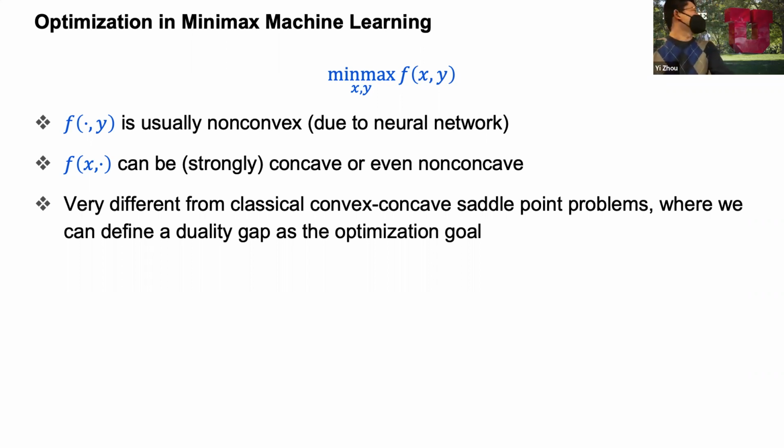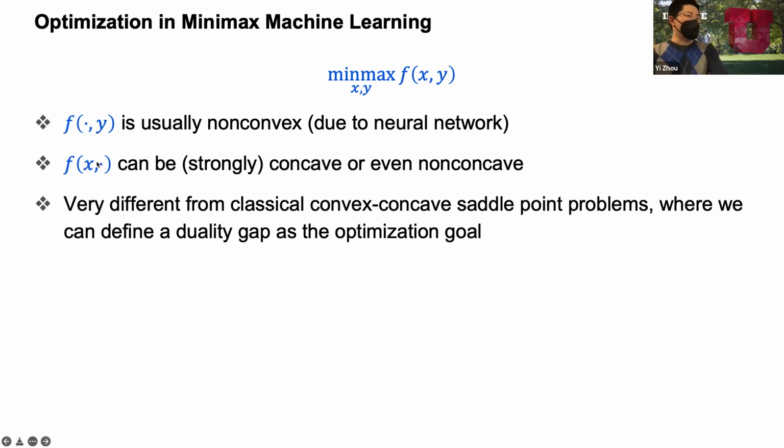And what is special here is that in the previous applications, usually because we use a lot of neural networks, part of the model is non-convex. For example, if you fix the other variable y, this function is non-convex.